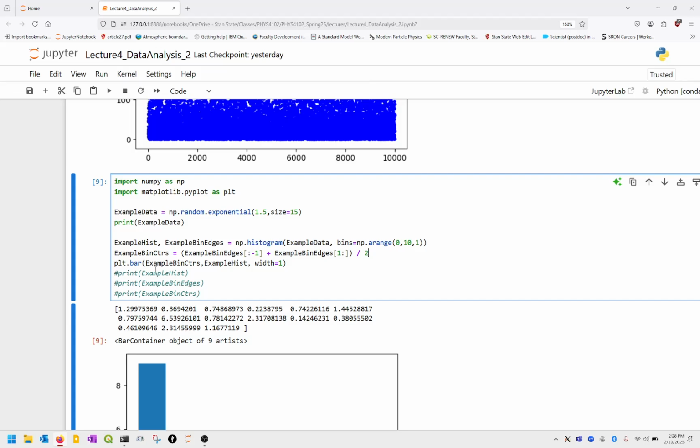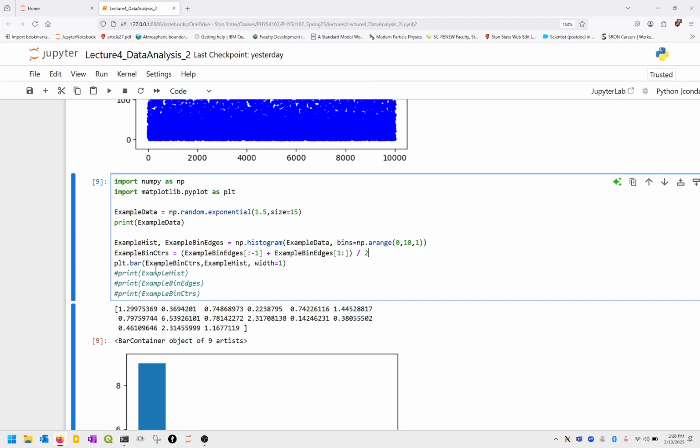It's just this little code where you pass it all the elements except for the last one, and then all the elements except for the first one, and then you divide by 2. You can stare at this little one-liner and figure out why it actually works to calculate the average bin edges.